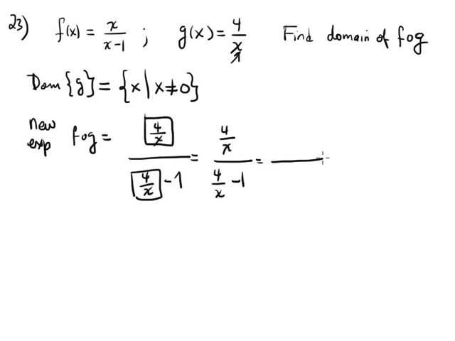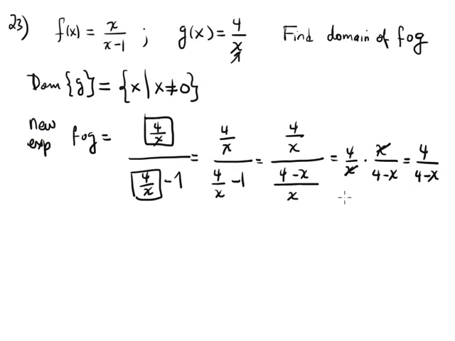LCD is x, is 4 minus x and 4 over x. Okay, now you copy the first, you flip the second, cancel out the x, the answer is 4 minus x. Perfect.